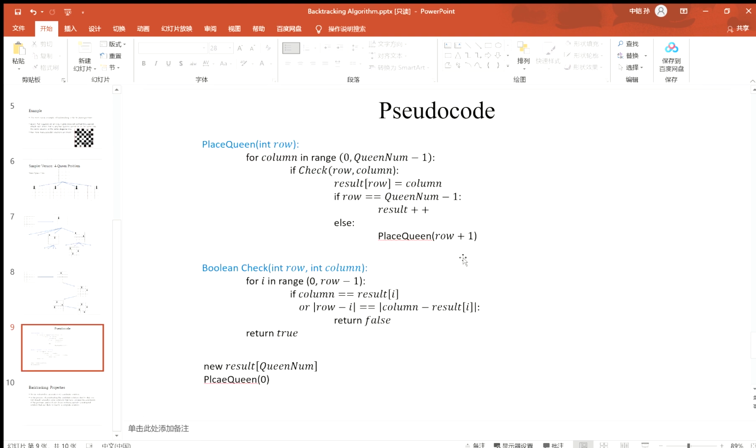The following is the procedure code for our algorithm. For the column in range from 0 to queen num minus 1, we will do a check for each grid, which is specified by the row and the column.